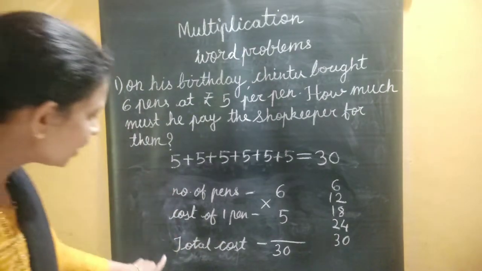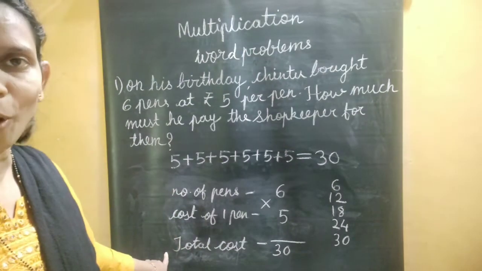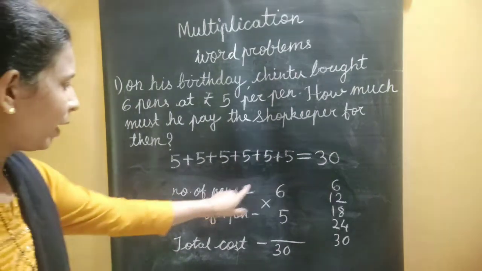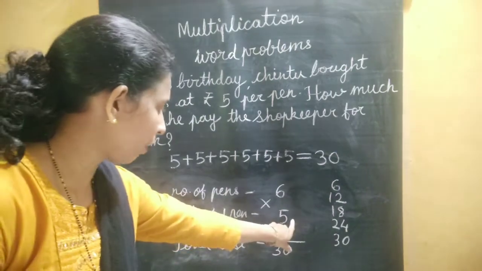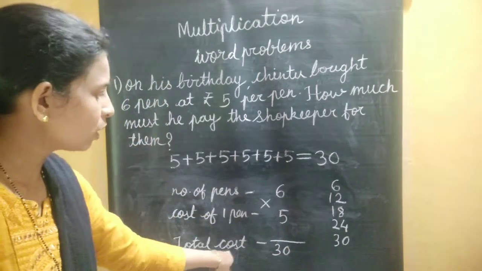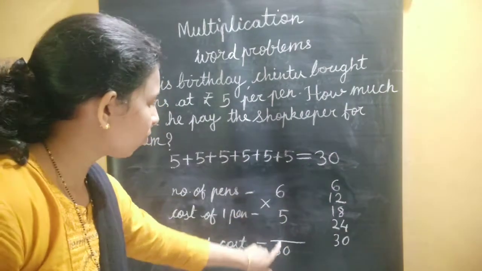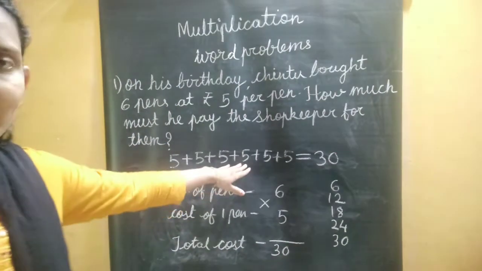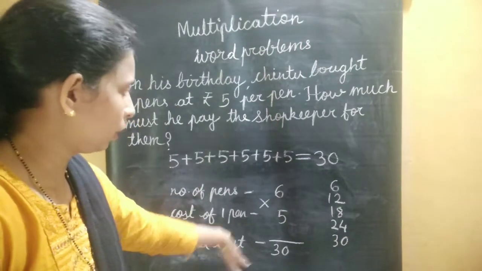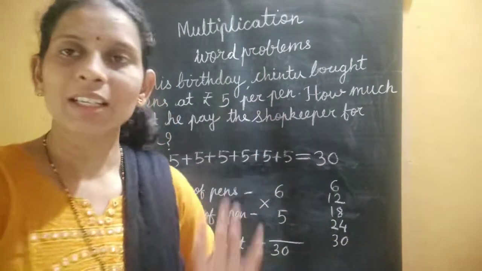So student, in this way you have to write word problems. Number of pens 6, cost of one pen 5. So total cost is equal to 6 5s are 30. So students, by the addition method or the multiplication method, the answer you will get is the same.